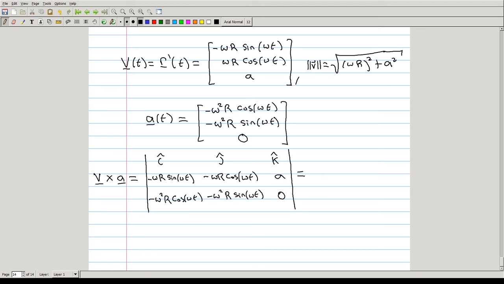We're going to choose to do an expansion in this row right here. So the resulting determinant will be, I'll do this on the next line down.